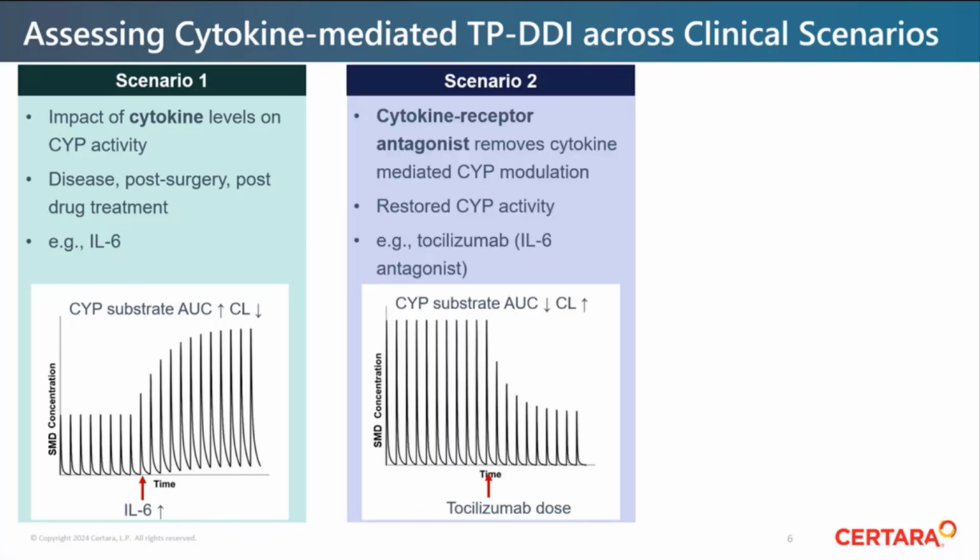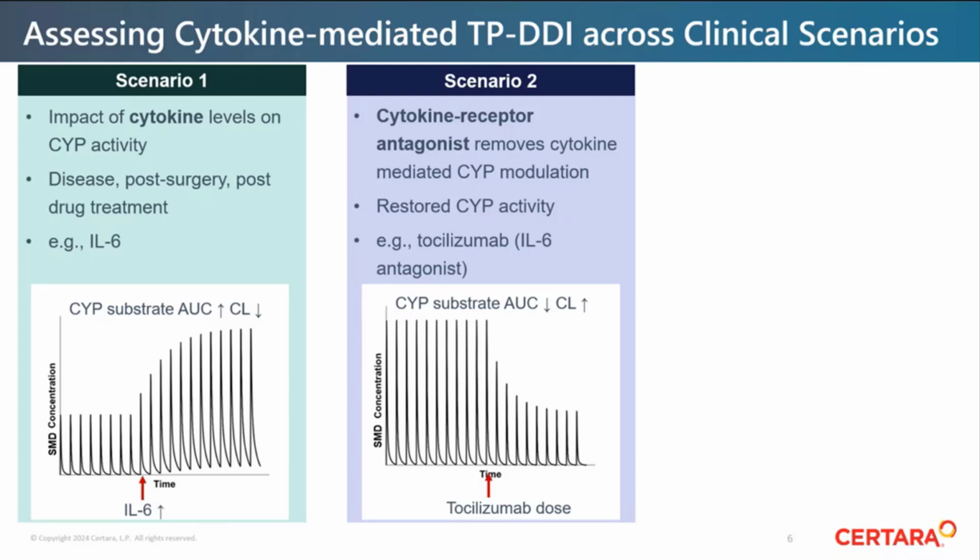So in scenario 2, basically that's to investigate the TP-DDI between a cytokine receptor antagonist and small molecule drugs. So here the cytokine receptor antagonist is characterized as a large molecule, and we will use the TP-Modulator slot to model it. And its therapeutic target is the cytokine receptor.